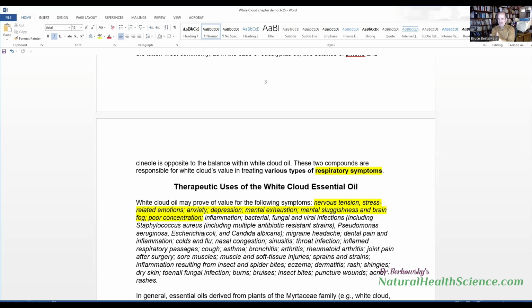Beginning to get a feeling for who this person is in her failed state. So you're going to have a success state of the individual, hardy, adaptable. That will be the success state. Failed state: nervous, stressed, anxious, depressed, mentally exhausted and sluggish, unclear, they can't think straight, they can't concentrate anymore.